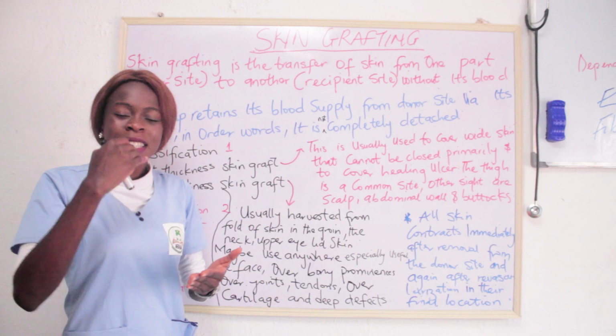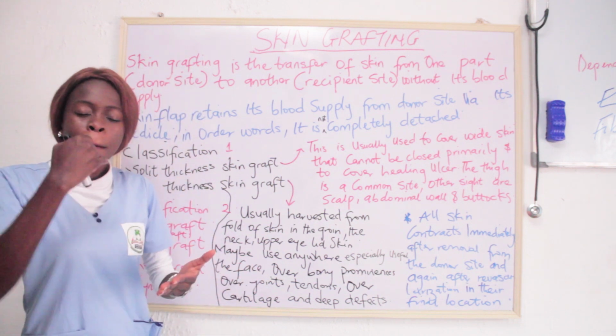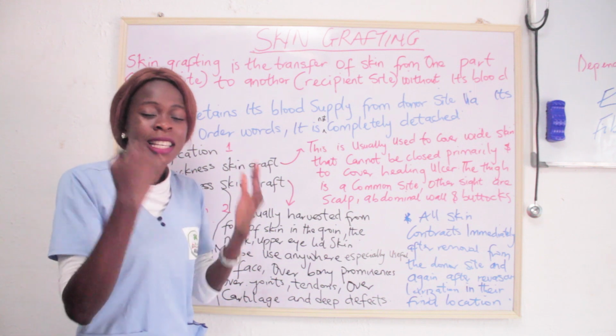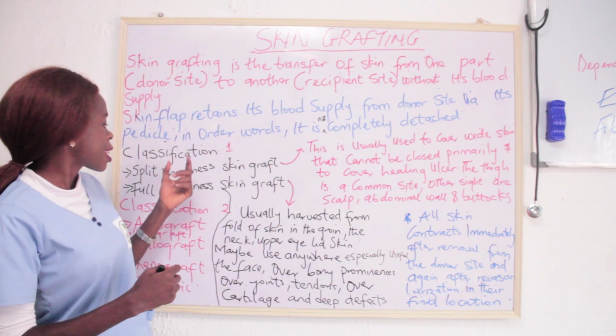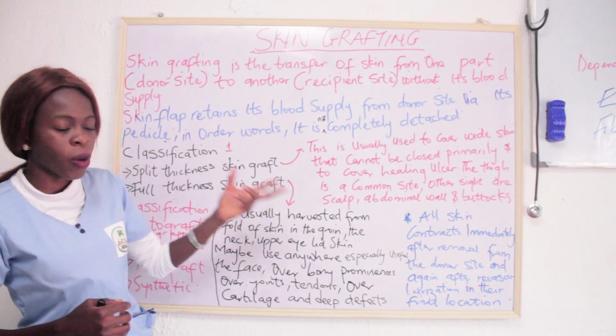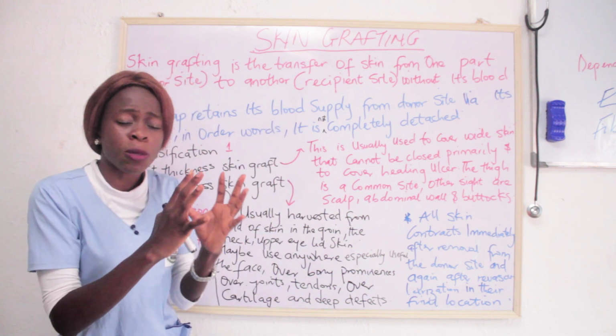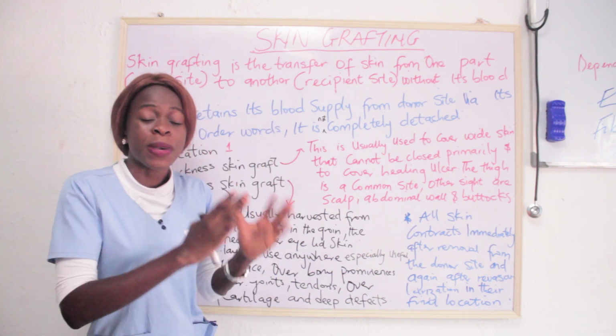The split thickness skin graft is also known as partial thickness skin graft. What happened here? In this split thickness skin graft, it is 100% what? Epidermis. It is 100% epidermis.